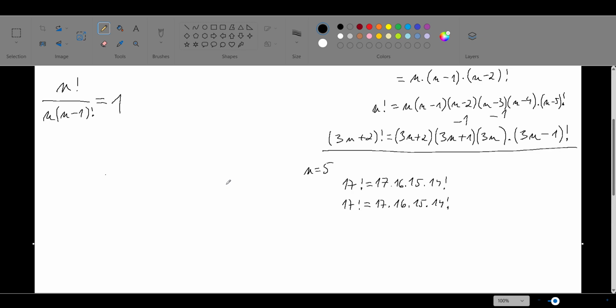I'll show you in a minute why and how, but before we start simplifying this expression, it is important to write the conditions. n factorial is defined for n being greater or equal to 0, and n minus 1 factorial is defined for the expression being greater or equal to 0.